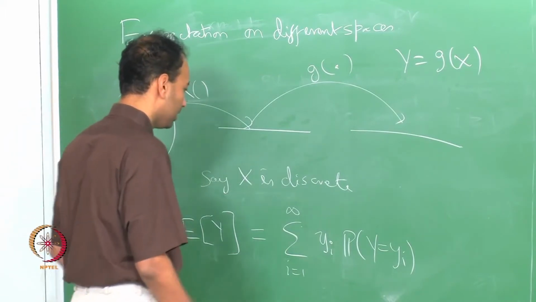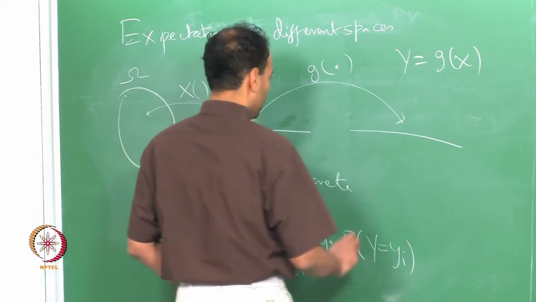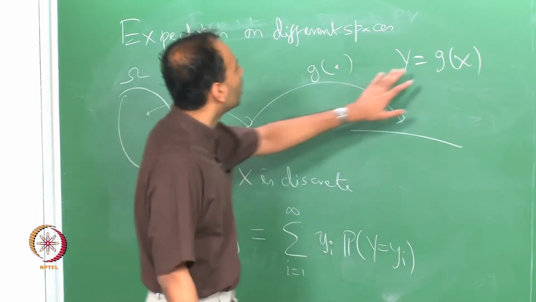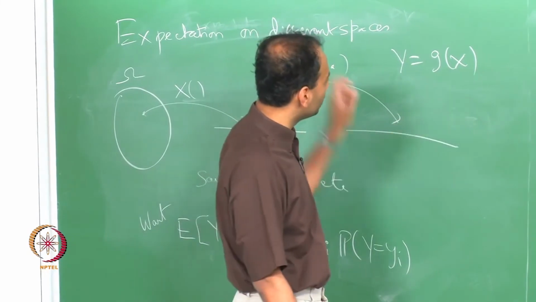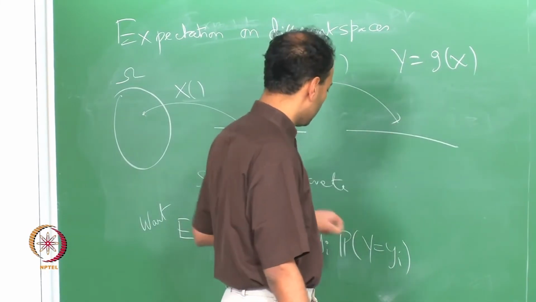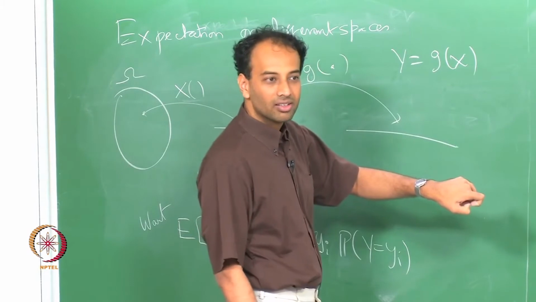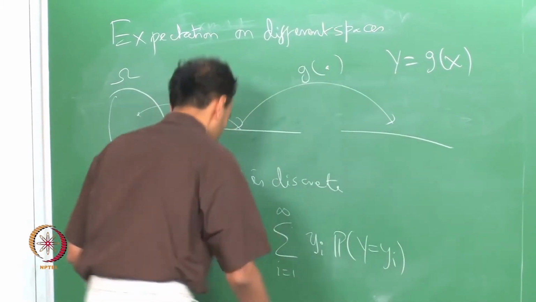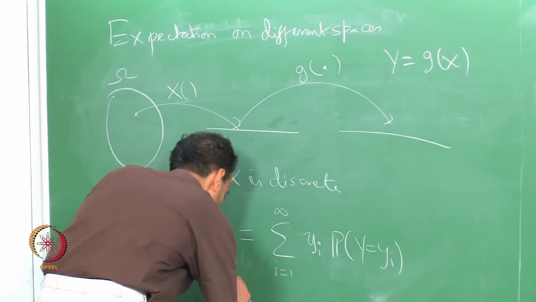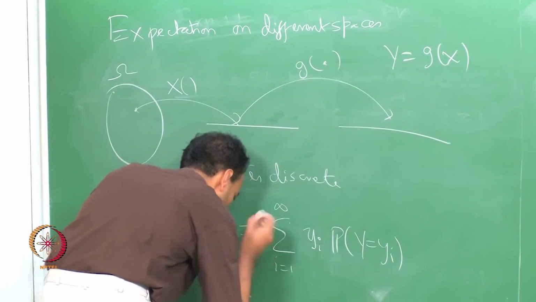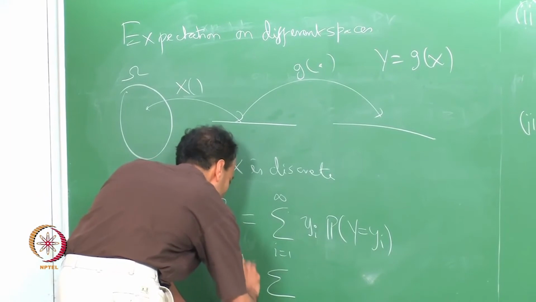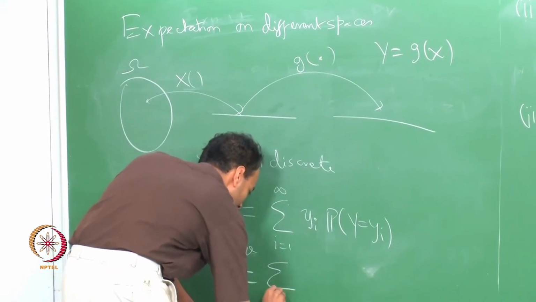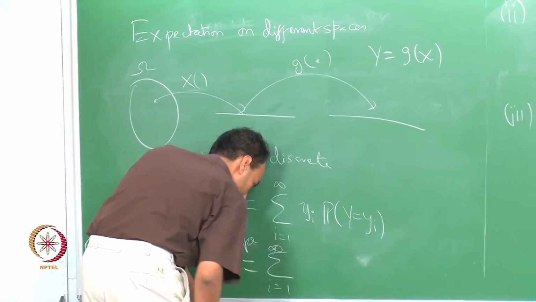Another way of computing it is to simply look at the value of g of x. I want to say it is equal to the sum of g of x i times the probability that x is equal to x i, i equals 1 through infinity. I hope this is true.